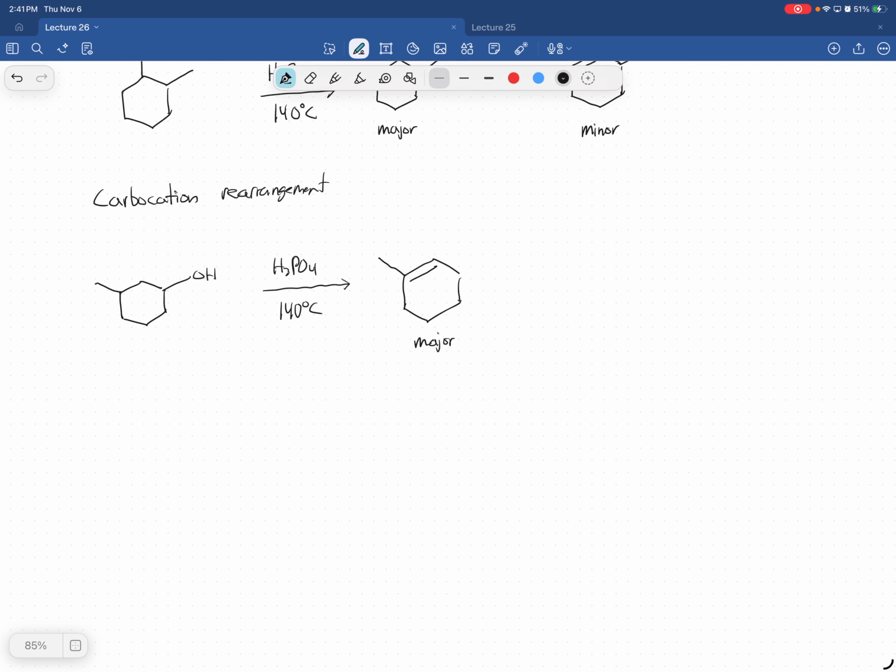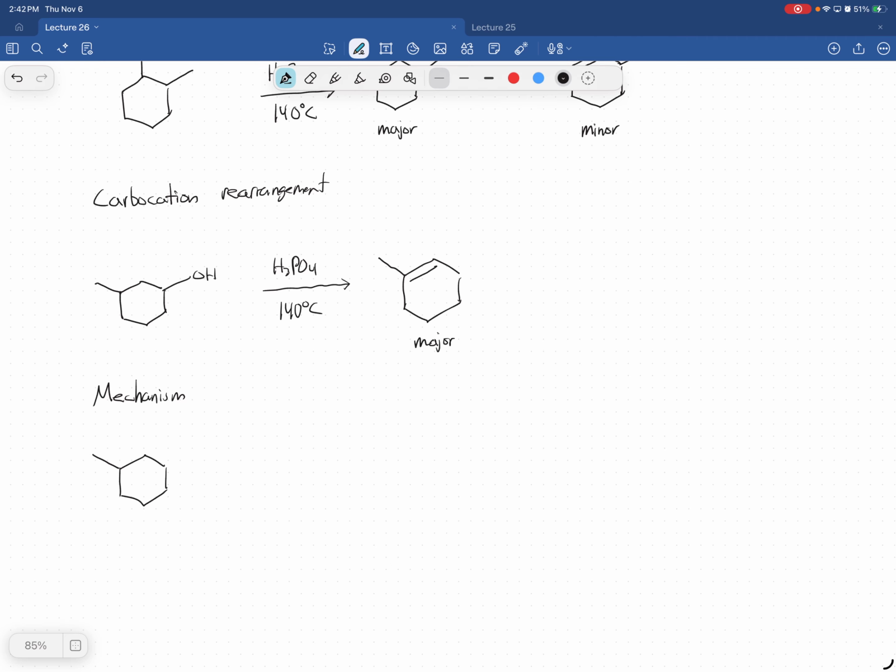Looks like a carbocation is forming, so we maybe have to shift the carbocation a bit. So let's go through the mechanism once again. As always, what is the first step?